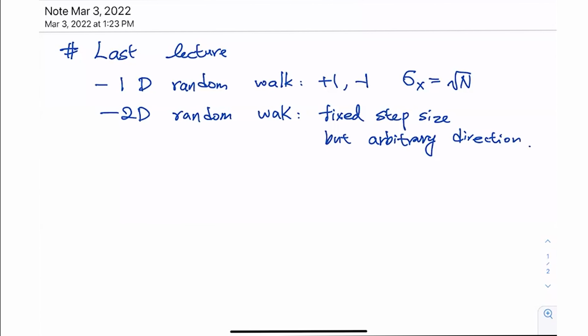It seems like we made some modification going from 1D to 2D, but what we found is that the root mean square of this displacement vector shares very similar behavior: it also has the square root of n behavior. Here we just assume that the step size is 1. So in these two examples, the root mean squares are all equal to the square root of n.